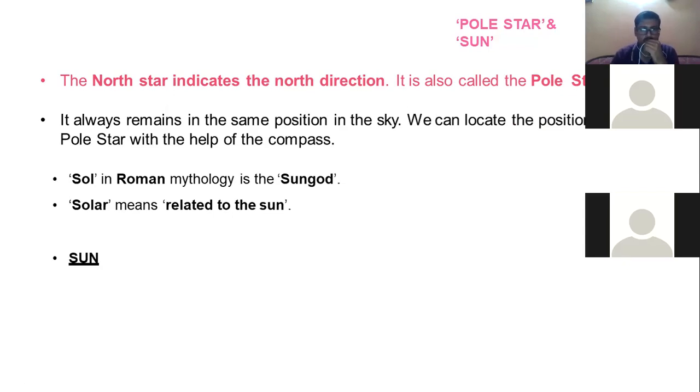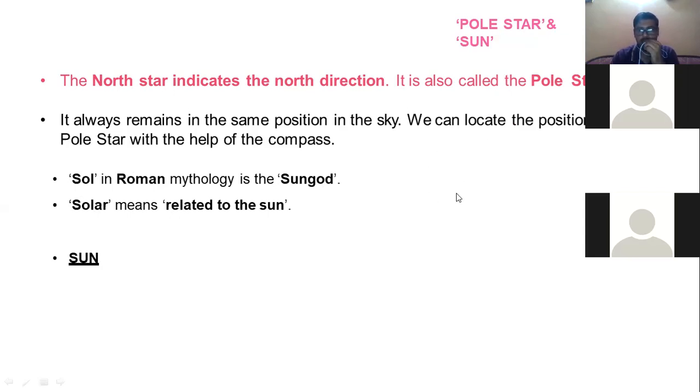If we deal with the solar system, we can divide the term solar into two parts: Sol and Earth. Sol is from Roman mythology and means the sun god, because they thought there were gods all over the place. They thought Mars was the god of war and Venus the god of mercy.